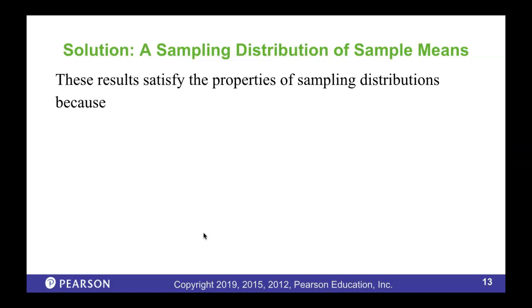So let's go over this. The mean of the sampling distribution of the sample mean is the same as the population mean, equal to mu, which is 4. And the second one that they are going to do is... I hate how they wrote it, but it's the same thing.